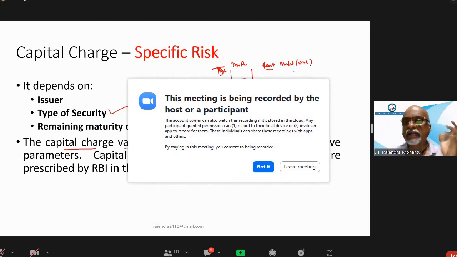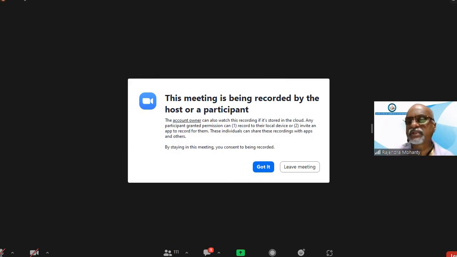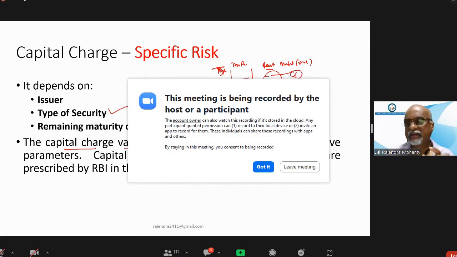That rate has been prescribed by RBI according to the type of security and time band. Based on that, this type of security of this time band will have this type of sensitivity. So a percentage or VaR will be there. According to that, you have to multiply those things with the rate prescribed by RBI to find out the capital required. So that is a complicated method.